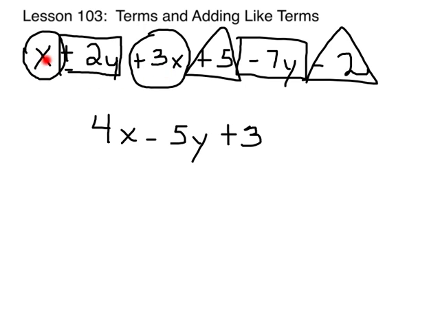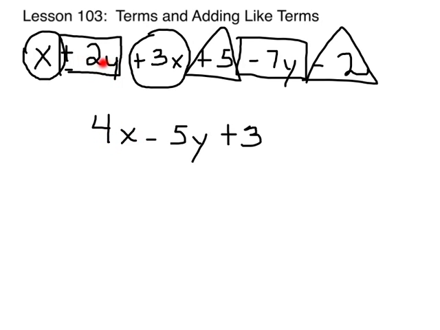In this one, even though we don't see the number, we can assume it means 1x. And it's not an x squared or x cubed, it's just a single x. So these two can be considered like terms, and we can add them. So we add 3 plus 1, we add the coefficient of the variable, and that equals 4x.